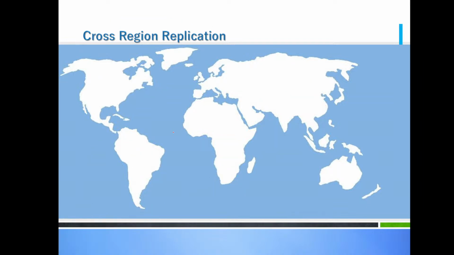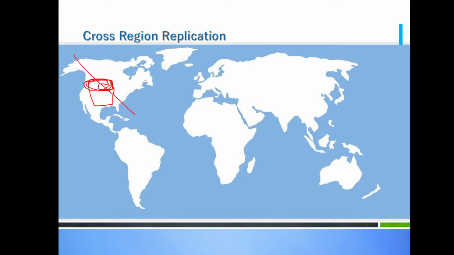And second, let's say you are working in a bank and you have a bucket here, and because of a government rule you have to keep a backup copy in a different region. Why?